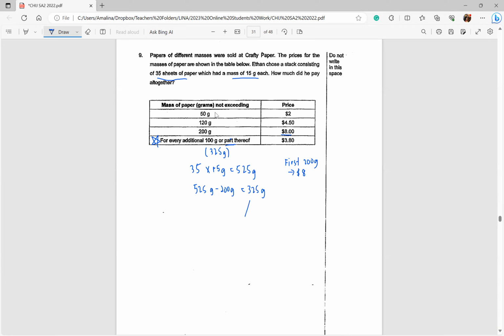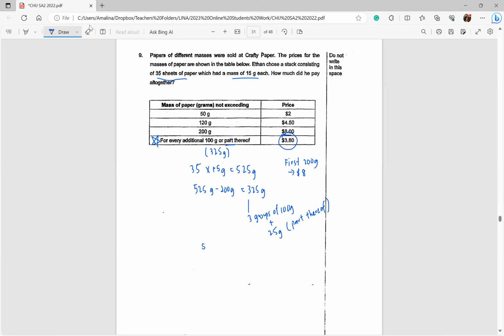So this 325 gram, if I were to split this up, maybe I just show this way, you have 3 groups of 100 gram, okay, plus your 25 gram. So this is considered as your part thereof, your extra. Okay, so you need 4 groups of your $3.80.